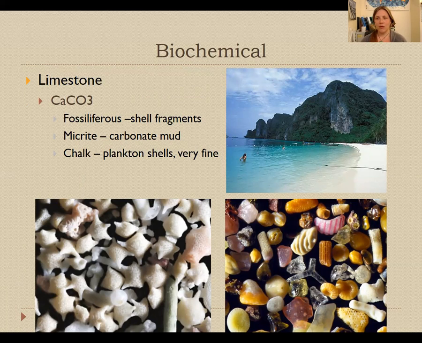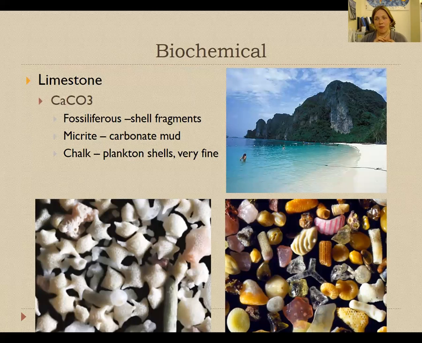But in particular, we call something limestone if the calcite that's contained in the limestone came most recently from the shell of an organism. And so we can have different kinds of very fossiliferous limestone, where it contains a lot of evidence of the organisms that broke down to form the limestone.